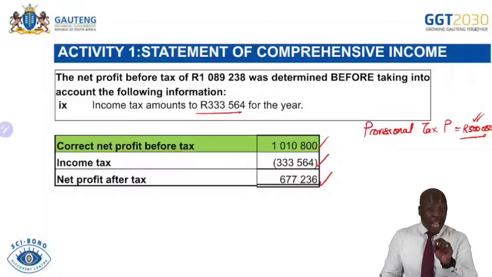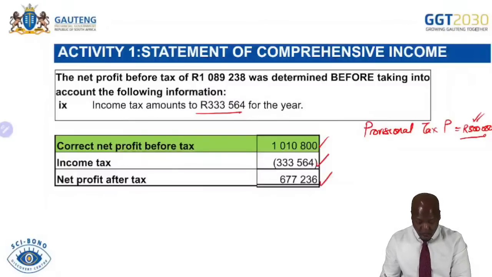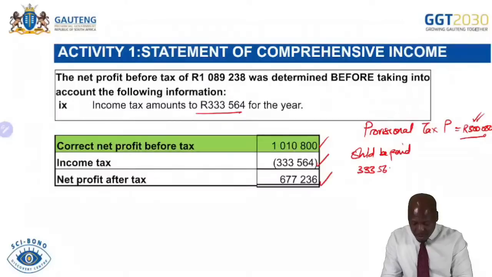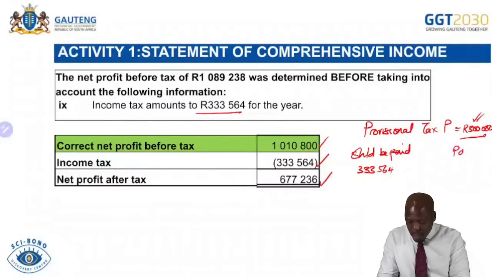But every time you see the examiner bringing this, they will likely test you on the amount that we owe to SARS or the amount that SARS owes to us. In this case, what do you think is the case? What should have been paid is 333,564. But what was actually paid? Provisional tax payments, 300,000.